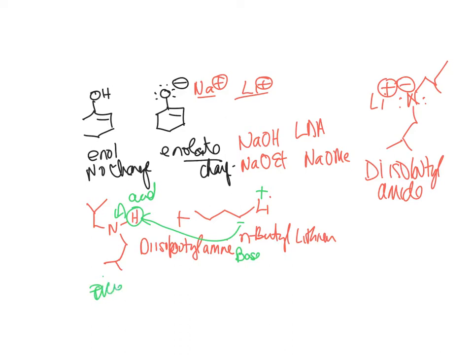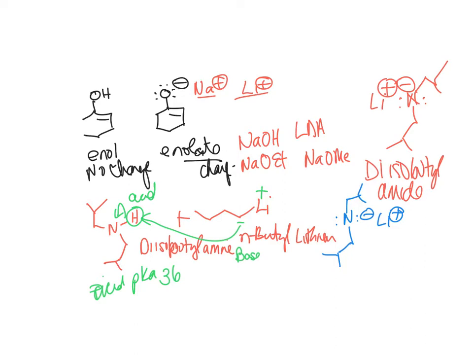This is your acid. What's the pKa? Remember we said amines are about 36. And then the nitrogen gets deprotonated. See, 1, 2, 3, 4.